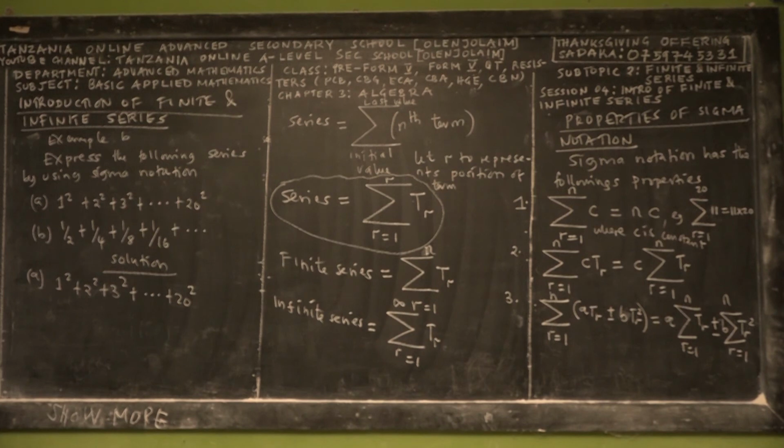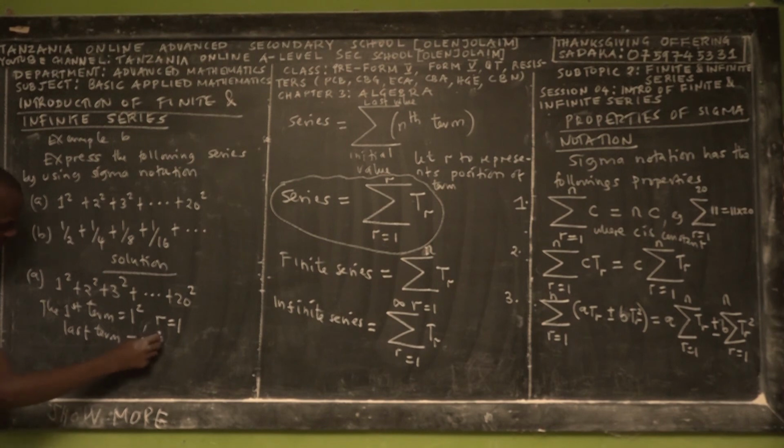Right? Squared is common. So we say that the first term is equal to 1 squared, whereby r is equal to 1. And the last term is equal to 20 squared, where r is equal to 20.